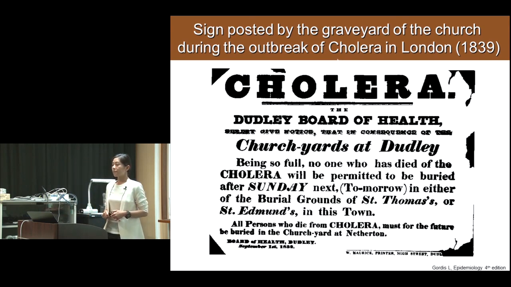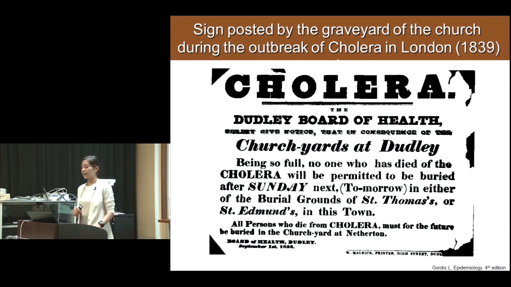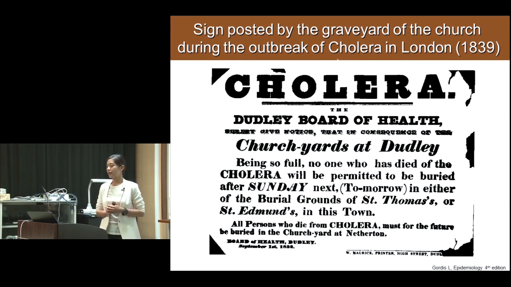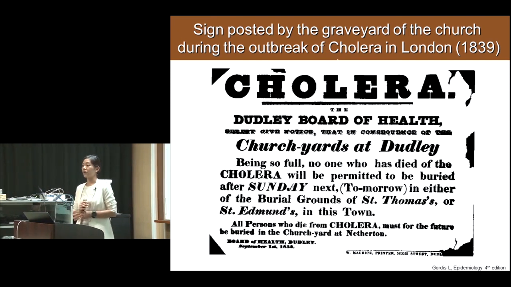At that time, it was the major cause of death in England. And the problem was so severe that the churchyard put up a sign to refuse further burials of those people who have died of cholera.